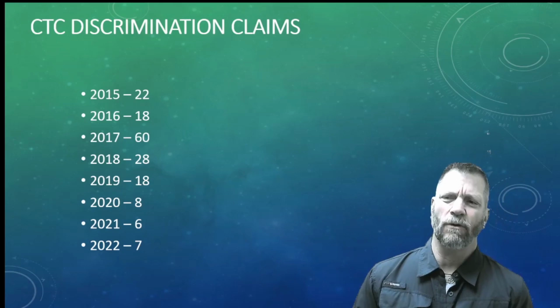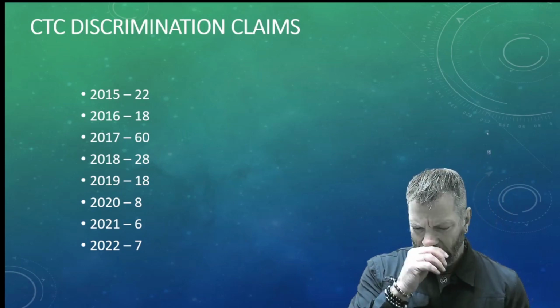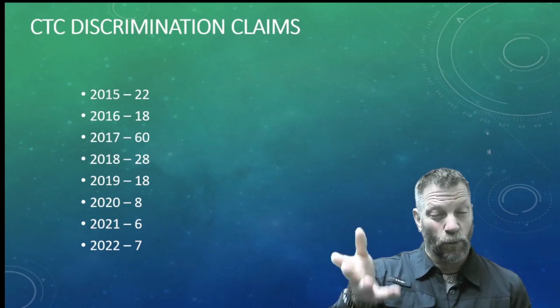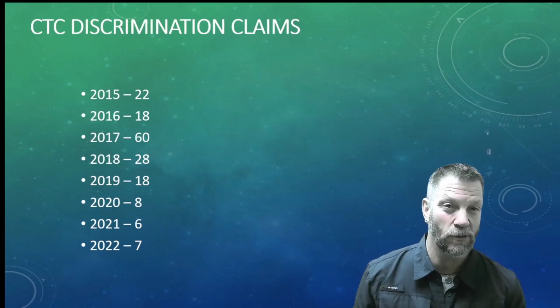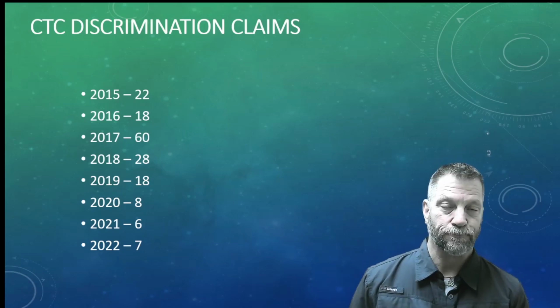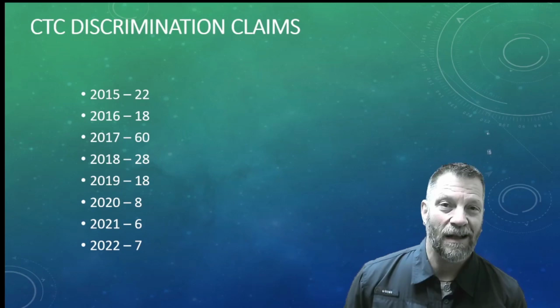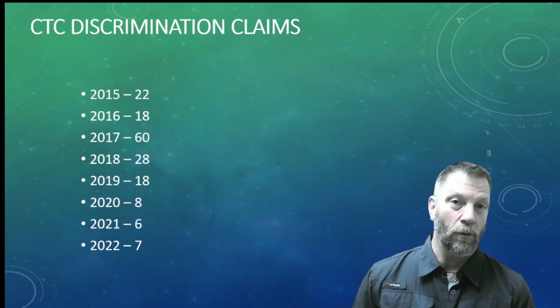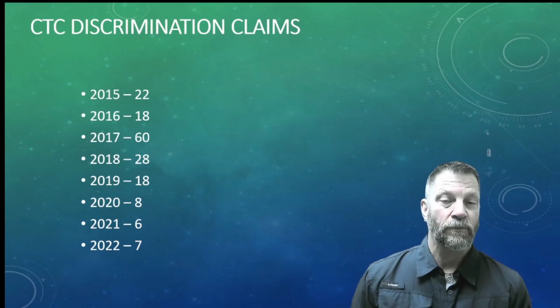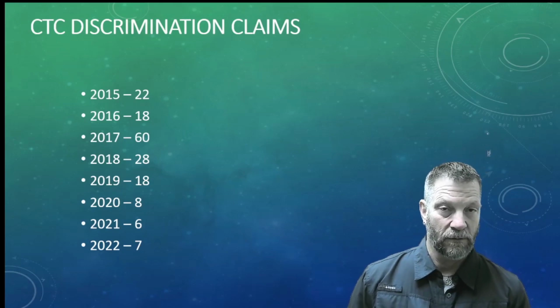Okay, so I encourage you now that, well, after we're done with this, you're going to know what constitutes an EEO complaint. If it's not based on EEO issues, take it to your supervisor.